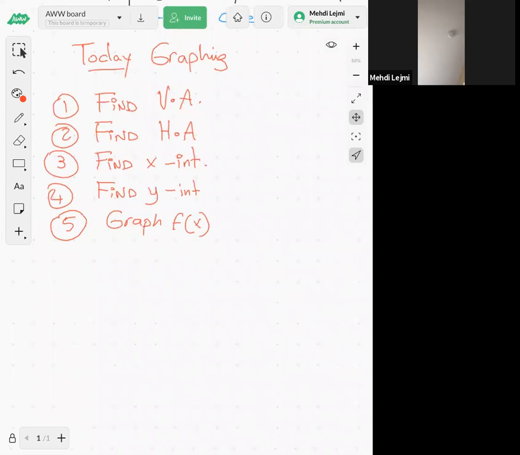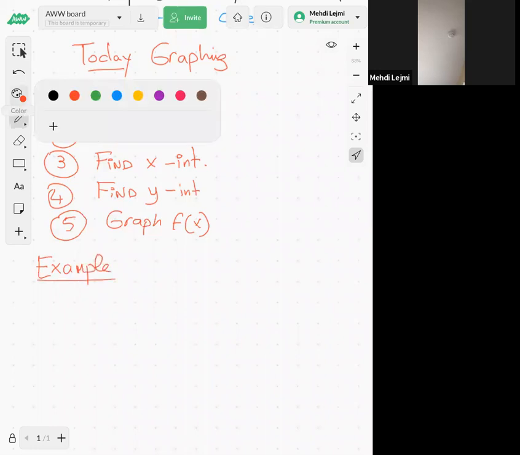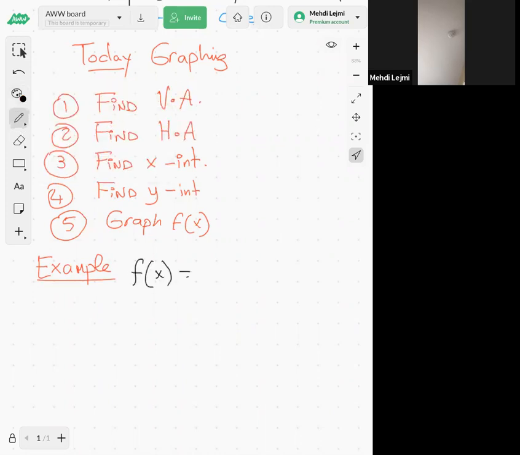So let's have an example. Let's say f of x is equal to (x plus 3) times (x minus 1) over (x minus 2) times (x plus 2). Right?